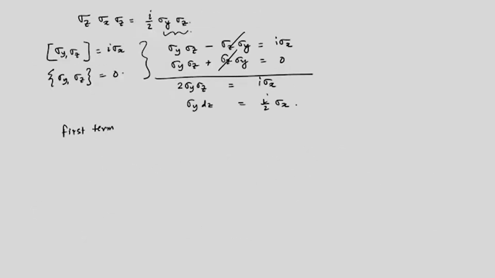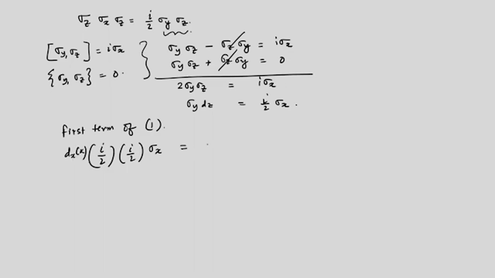So the first term of h1 becomes equal to i/2 times, well, there is an i/2 that we have to take into account because this itself gave an i/2. So i/2 times i/2, which has to be taken twice, and the sigma x, and of course you have a dx, a function of k.